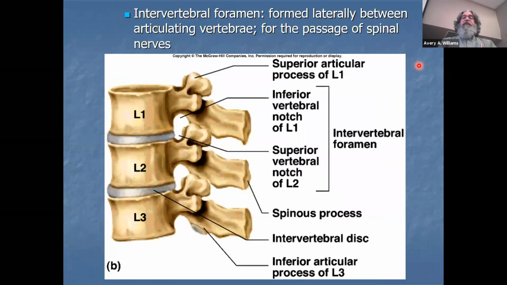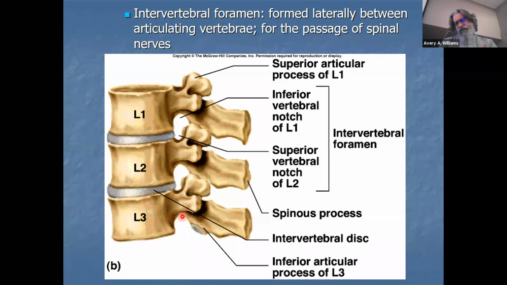There are also intervertebral foramina, or singular, intervertebral foramen. That's just one hole right here. Now, if you look carefully, of course, this is 3 vertebrae that are articulated, all right? This is superior, this is inferior, this is up towards the head, this is down towards the pelvis. On the superior surface, you've got a little notch right here.